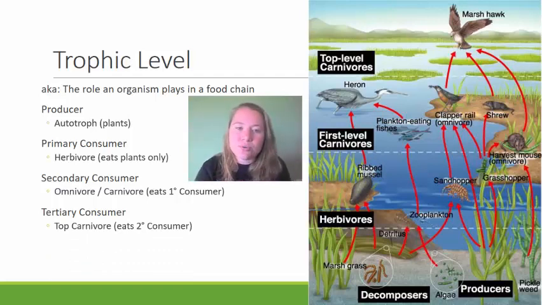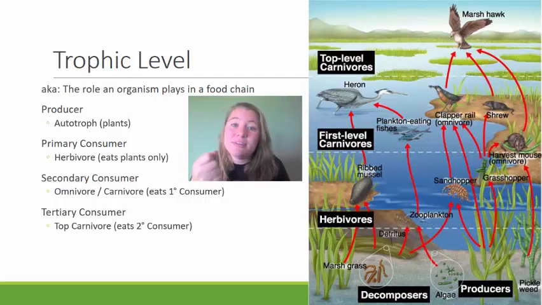Now, I want to note that an individual organism might not always fall under the same trophic level in every food chain. So take a mouse, for example. A mouse is an omnivore. So sometimes it eats plants, sometimes it eats other things like insects. Now, if a mouse is eating plants, that would put it as a primary consumer in that particular food chain.